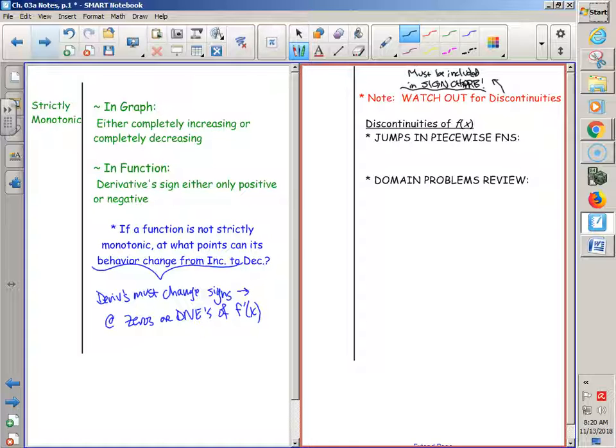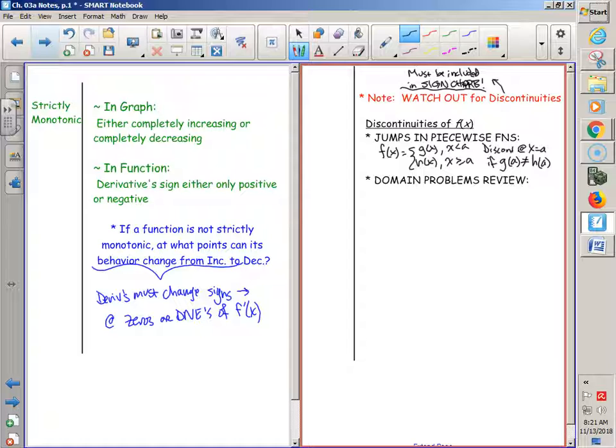Discontinuities, I was reminding you, in piecewise functions, if you have something like f of x equals g of x for x less than a, and h of x for x greater than or equal to a, there's going to be a discontinuity at the separator if g of a and h of a don't match up.